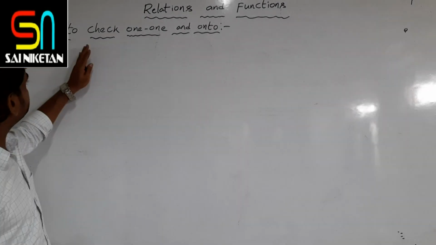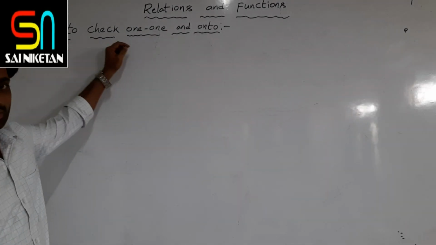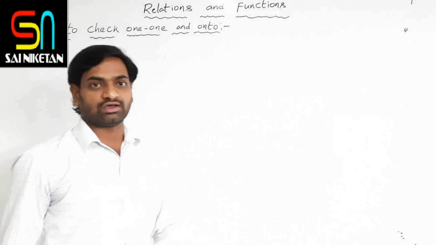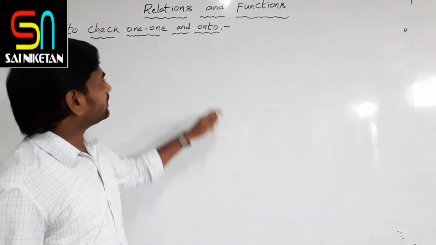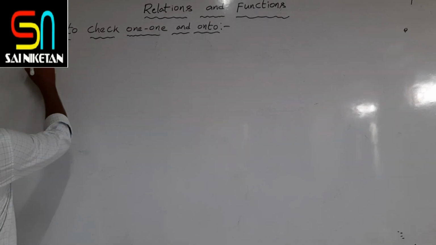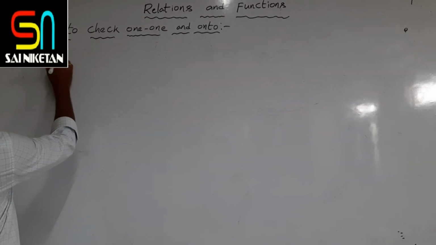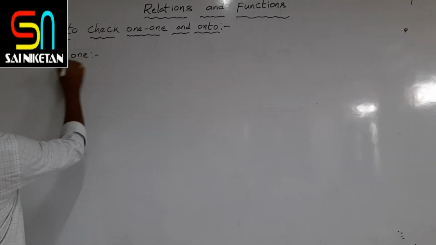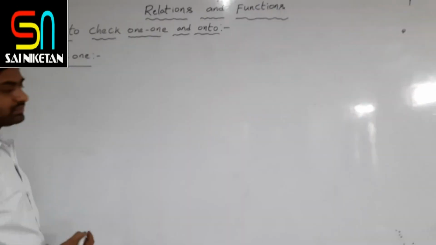See next topic. Process to check that function is one-one or not and onto or not. So first I am writing the process for one-one. See here.